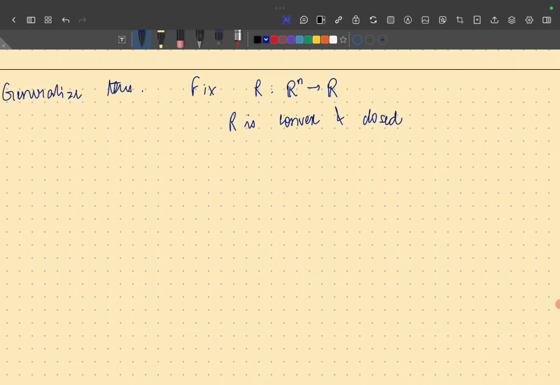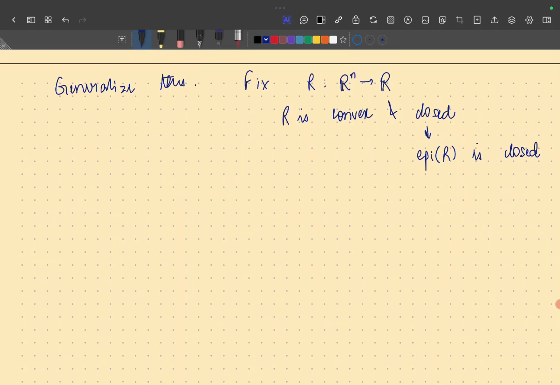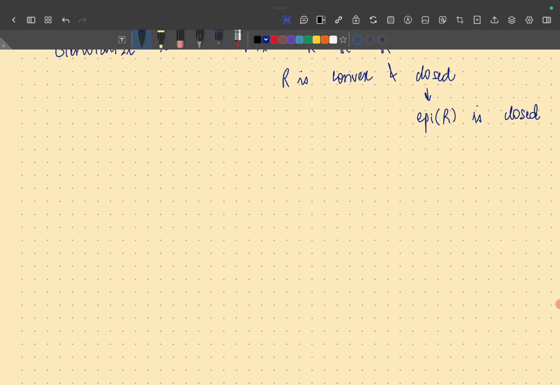I'll say that a function is closed if the epigraph corresponding to r is a closed set. So these are the only requirements on r that I have. And recall that dr is the corresponding Bregman divergence.